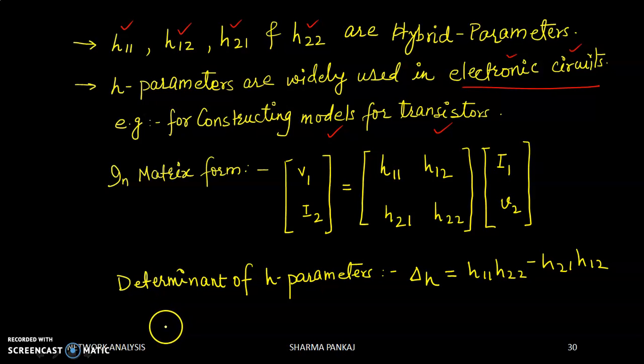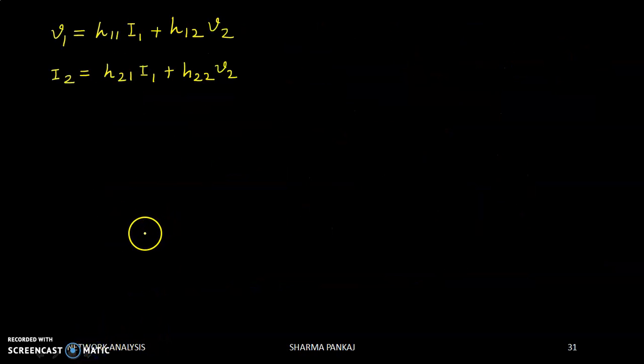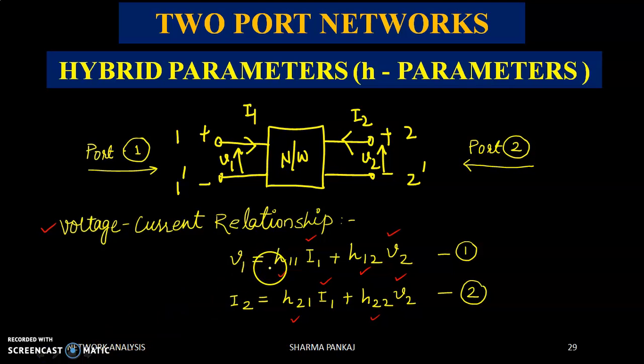Now for determining the H parameters, we are going to adopt two procedures. What procedures are they? Let us go to the diagram of the two-port network. We are going to short circuit port number 2. By doing that, we are going to have V2 is equal to 0.